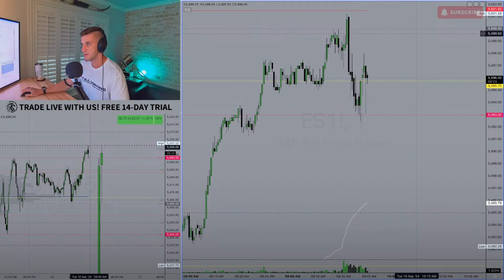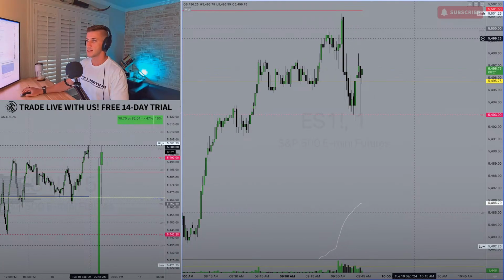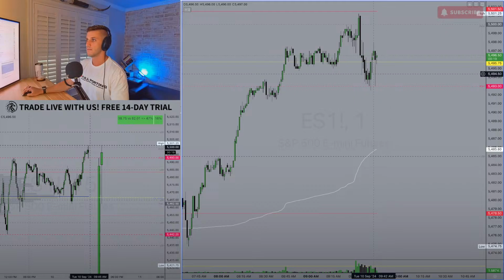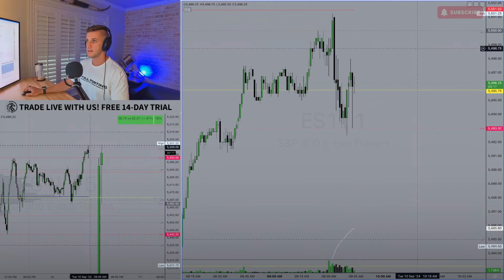And ES still pretty much just oscillating here at the session volume point of control. Prior day high has been defended on 2 occasions now.